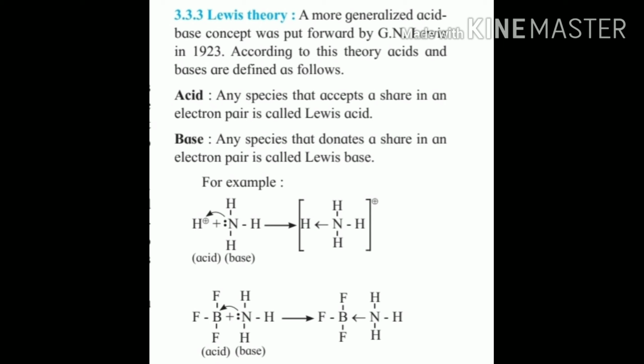It is going to accept that pair of electrons from the base, that is NH3, ammonia. Hence you can see there is a bond formed between boron and nitrogen, resulting in the formation of trifluoroamine boron. So these are the three theories that were put forward by different chemists regarding acids and bases.